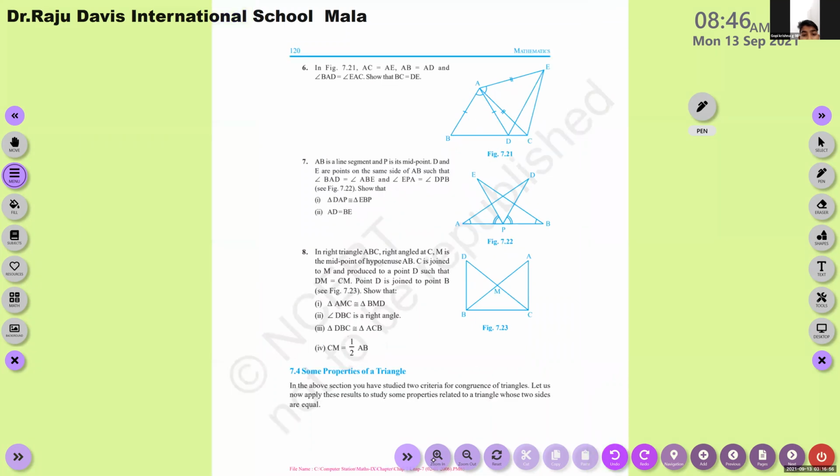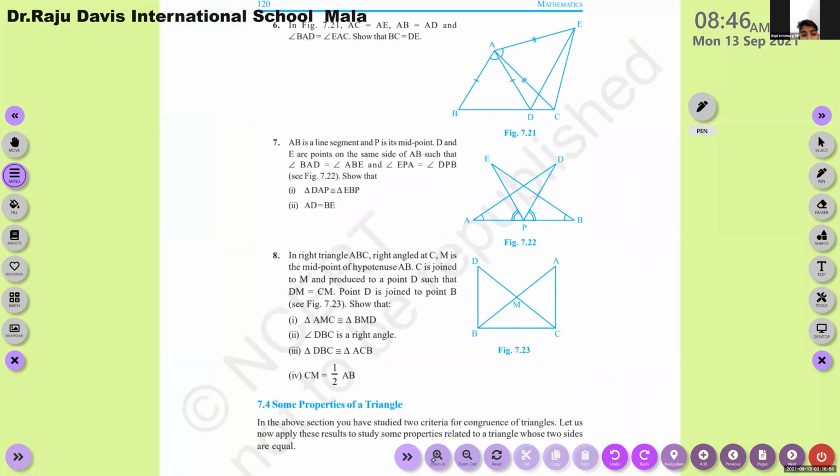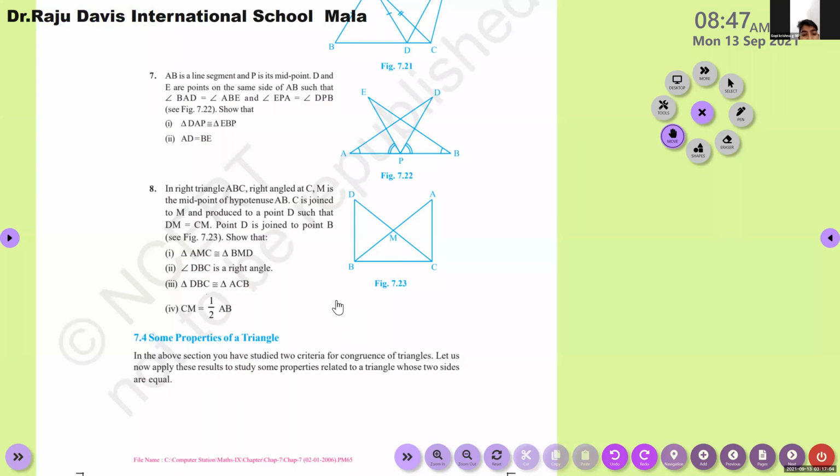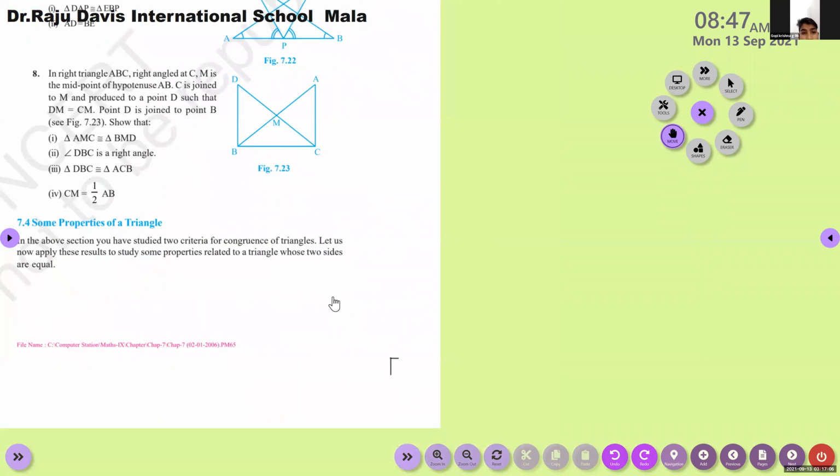C is joined to M and produced to a point D such that DM is equal to CM. Point D is joined to point B. Show that triangle AMC is congruent to triangle BMD. That is the first question.